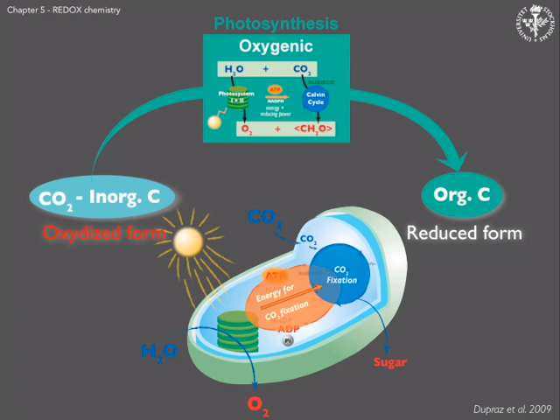That can actually be fixed through photosynthesis. And to do that, you need an electron donor because you need to reduce this CO2. And so this electron donor in oxygenic photosynthesis is water. Water will give the electron that will be excited because you need more energy. Those electrons do not have enough energy to reduce CO2.